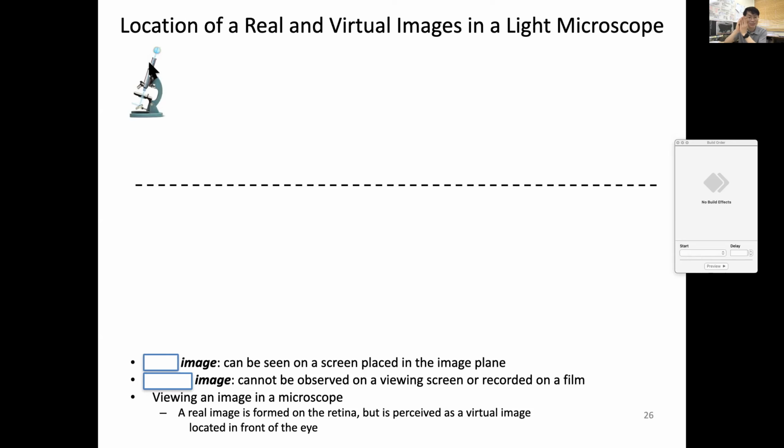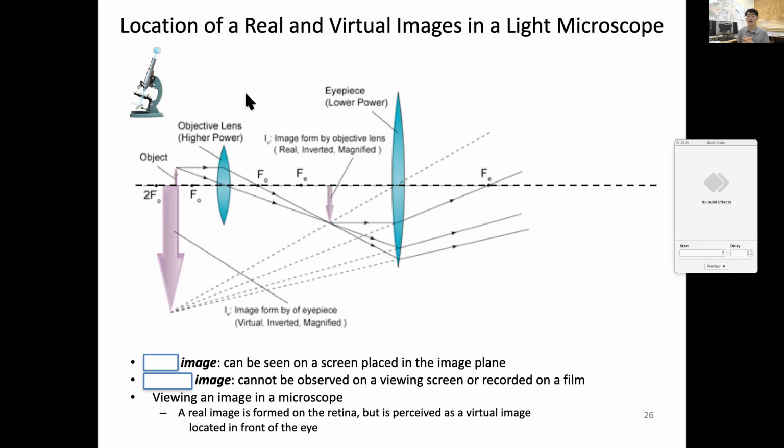Our eye has a simple one lens, so remember when you look under the microscope, you see something very big. So let's use our geometric optics to understand that here. And also I will discuss real and virtual images of a light microscope. This is a little complicated, so bear with me.